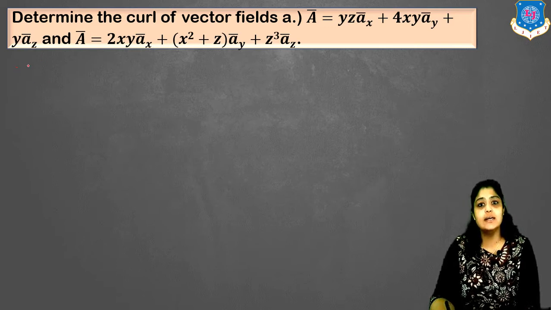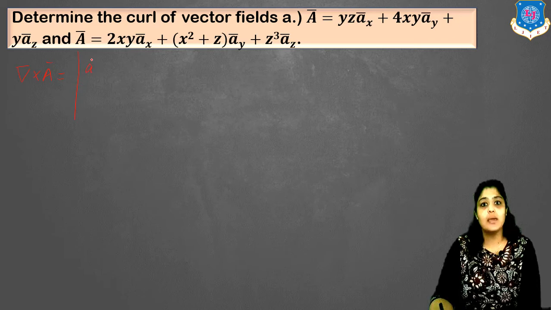Now in this question we have to find the curl of two vector fields. So I'll write the curl of A. It can be written as the determinant with a_x, a_y, a_z, then ∂/∂x, ∂/∂y, ∂/∂z. Here I can write yz, that is a_x, then 4xy, that is a_y, and y, that is a_z. So this can be written.